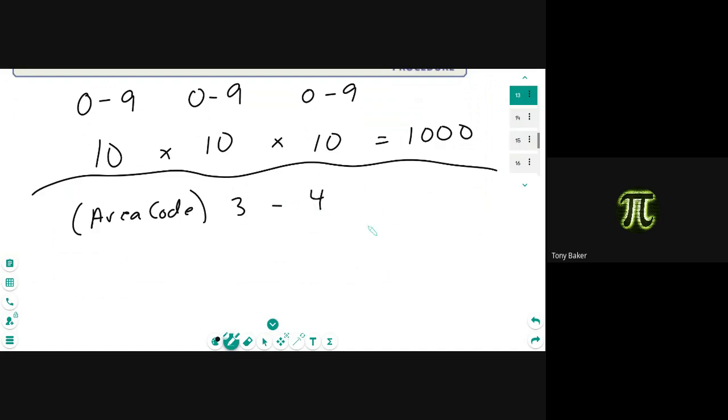And each of those digits can be what? Between 0 and 9, because those are the only numbers on your phone. So I have 10 times 10 times 10, and then 10 times 10 times 10 times 10. How many different phone numbers could I have? 1, 2, 3, 4, 5, 6, 7 zeros. I could have 10 million phone numbers.